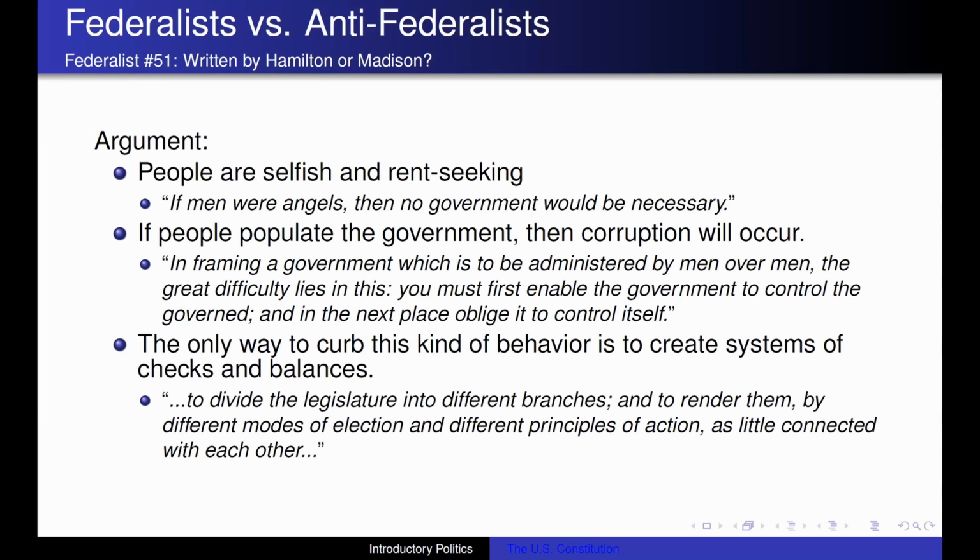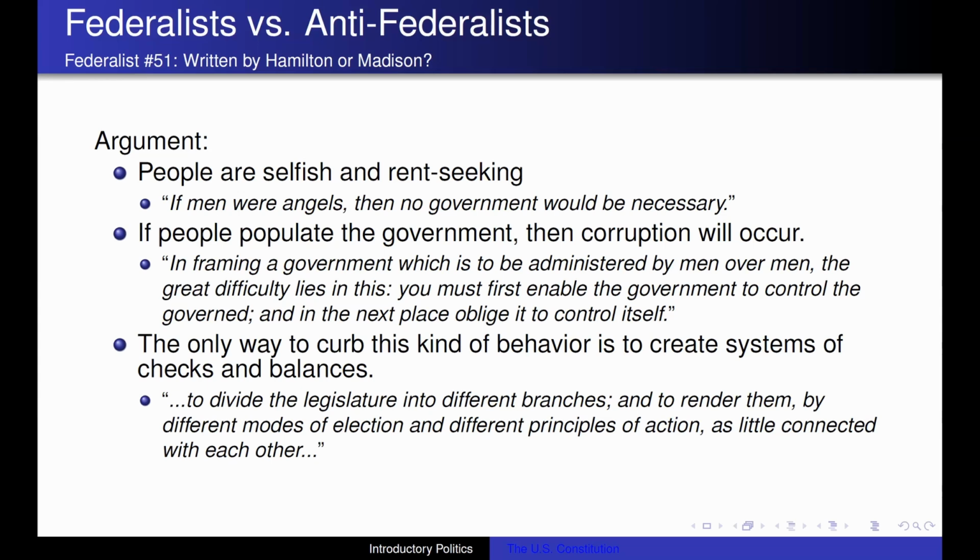But here's where we see the turn. Hamilton is going to make the argument that when it comes to corruptible people, if no one is perfect and people will at some point make decisions to enrich themselves, to make themselves more powerful, to make more money, make themselves more popular, whatever you might want to think here, that government will be used to do that if people occupy positions in government.